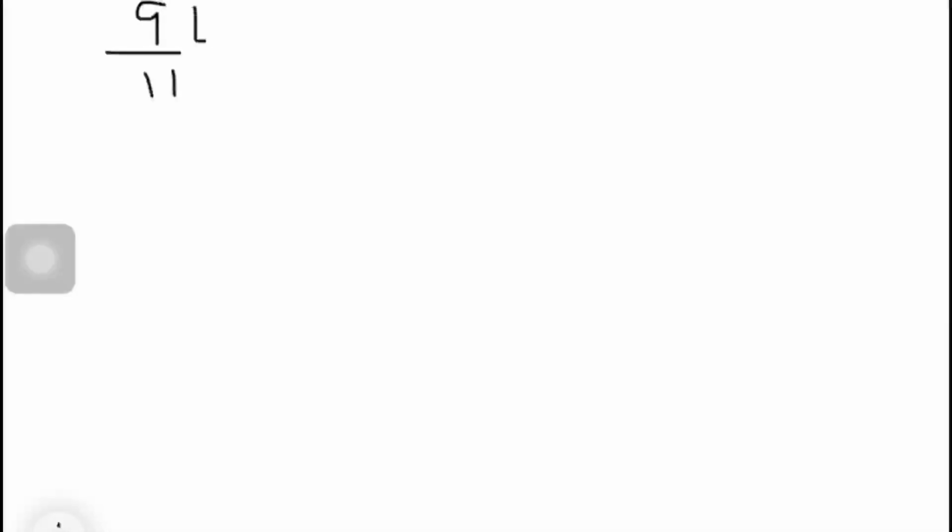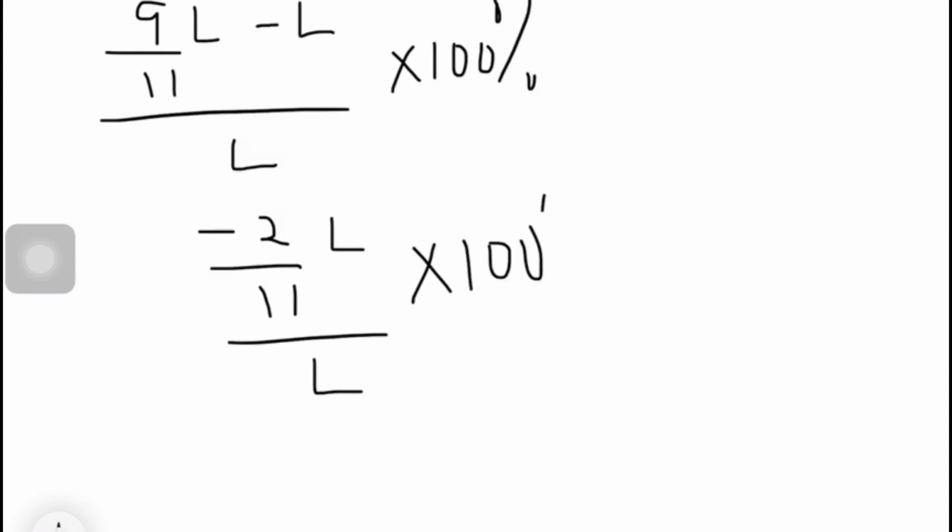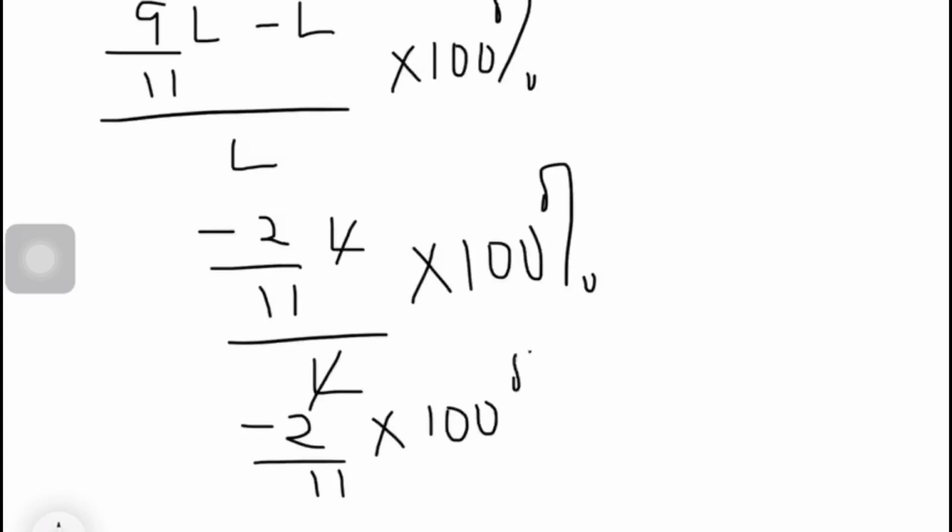We have 9 over 11 L minus L divided by L, and then multiply by 100%. 9 over 11 L minus L, we are going to get negative 2 over 11 L divided by L, and then multiplied by 100%. This L can cancel with that, and we are going to have negative 2 over 11 multiplied by 100%.